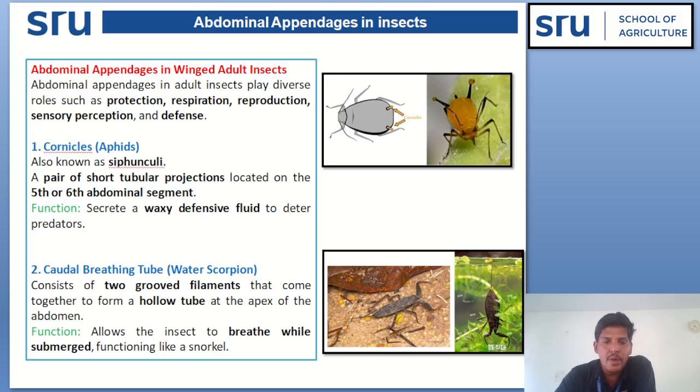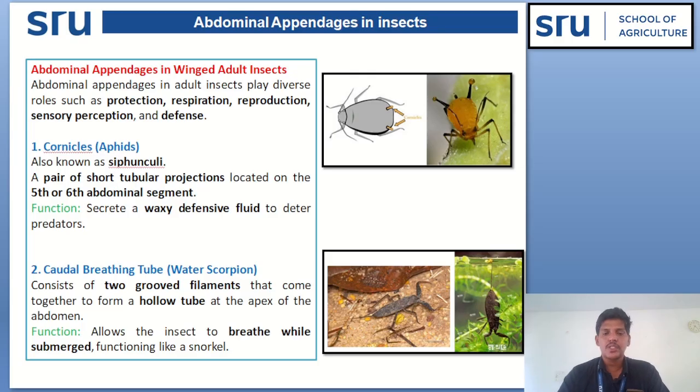See, one of the abdominal appendages in winged adult insects is the cornicle. Cornicles are also known as siphunculi, a pair of short tubular projections located on the fifth or sixth abdominal segment in aphids. They secrete a waxy defensive fluid that deters predators.